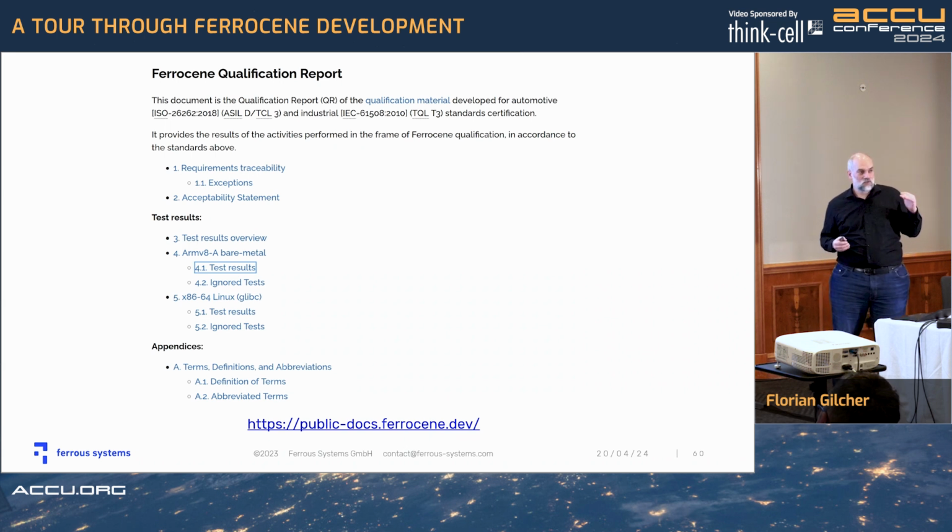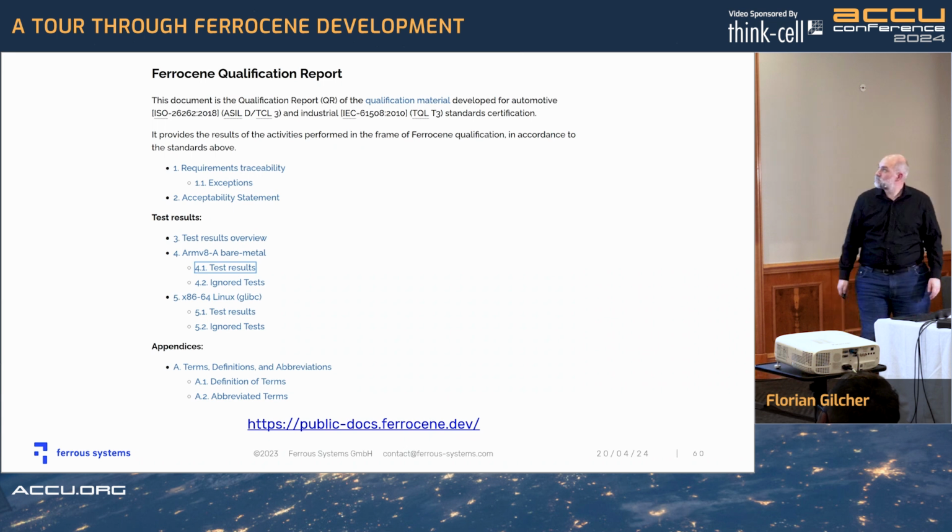But we do list for every test, why is that test ignored, and for each and every test we need to give an argument. And it needs to be a thorough argument. As I said, usually the argument is we are evaluating those tests on an ARMv8 machine. Same thing the other way around, x86-64, ignored tests would be ARM tests, things like that. Still, we need to be detailed there.